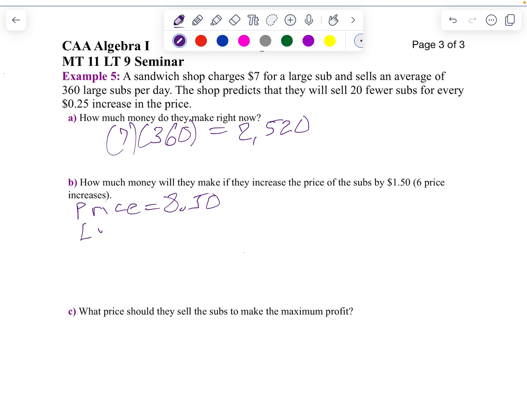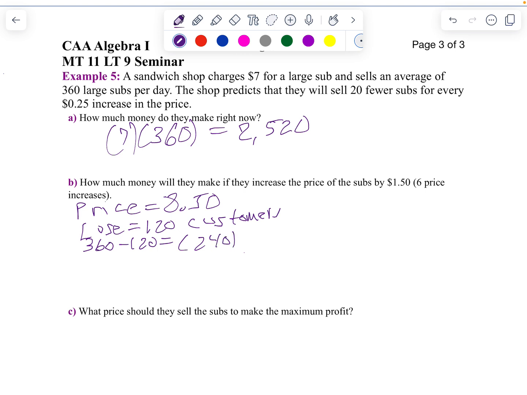So we're going to lose 120 customers, aren't we? Because 6 times 20 is 120. So our total customers is going to be 360 minus 120, which would give us 240 customers a day.